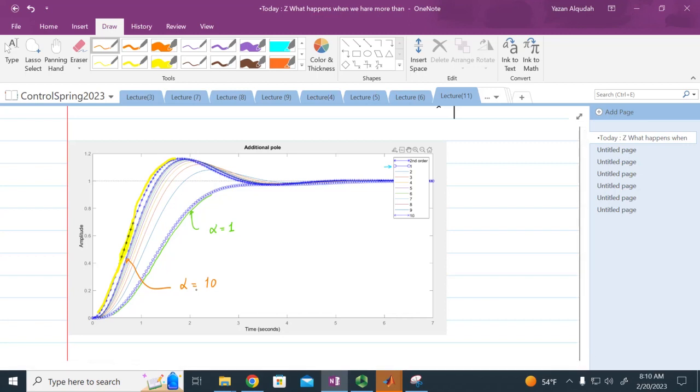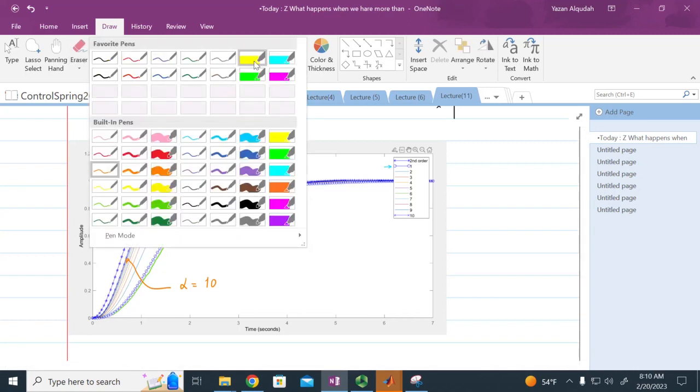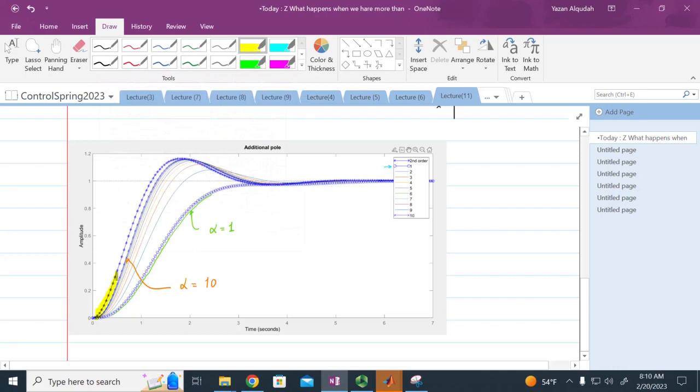So this is a second order response. And then we have a third pole that varies from 1 all the way to 10. So if you look at this graph, what can you conclude from the location of alpha and the response of the second order system?